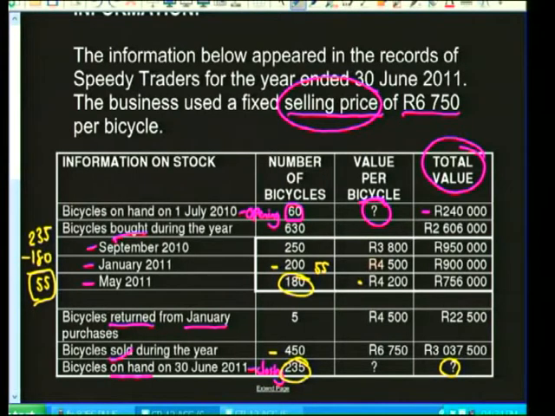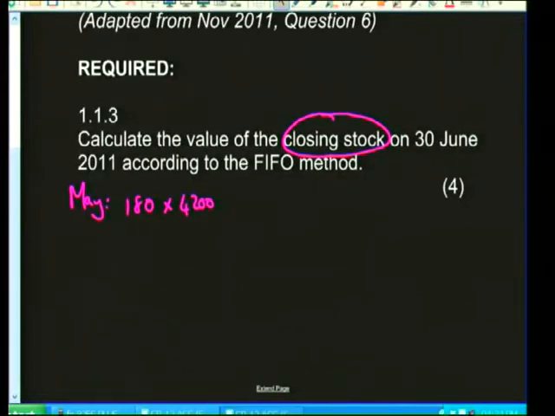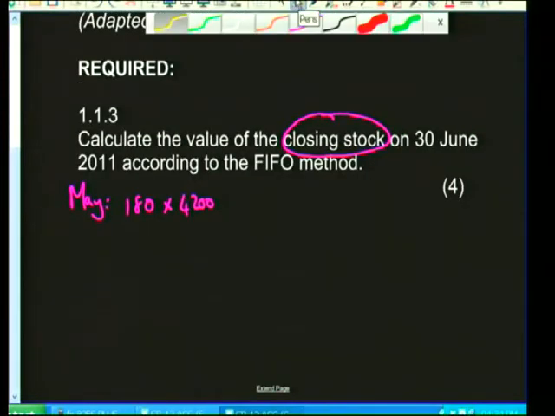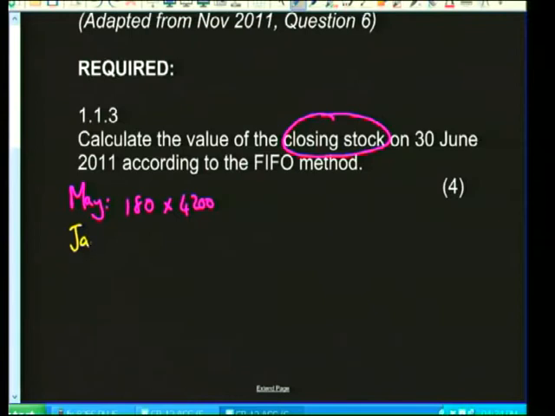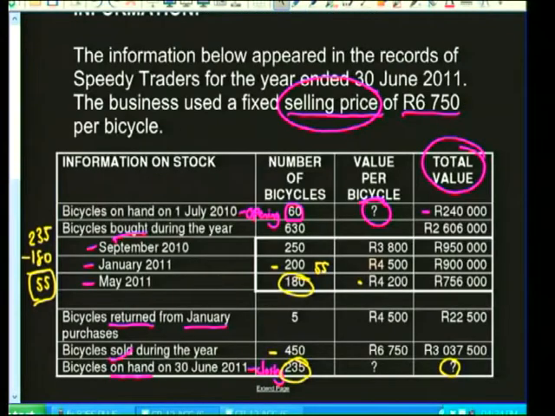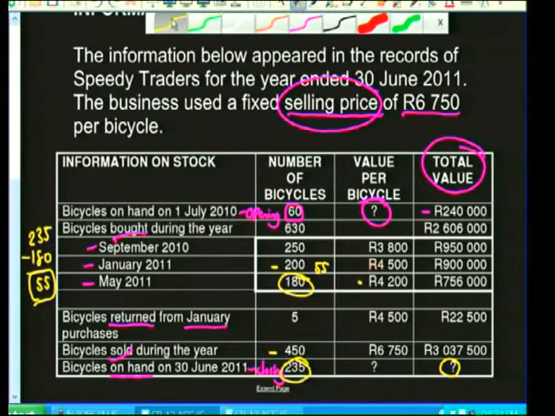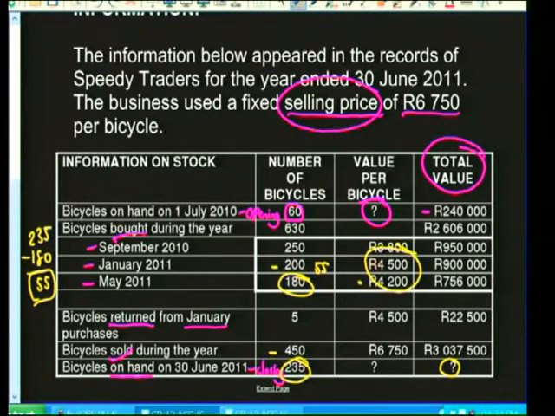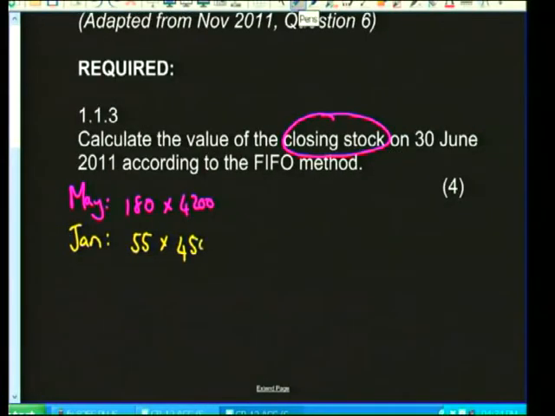So to do the final calculation, we also have to add to May's bicycles the bicycles from January. There are 55 of those bicycles, and the cost price of those bicycles was 4,500 Rand, which you can see that I have over here. So to solve the question, I will need to put 4,500 Rand in here, and I'll need to do the sum and get our final answer.